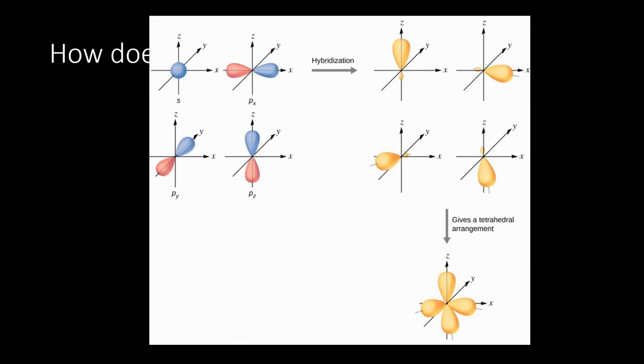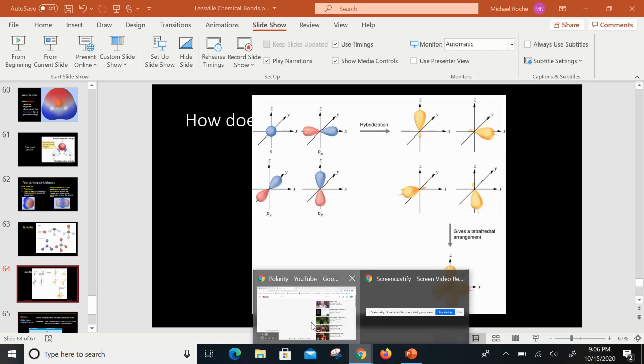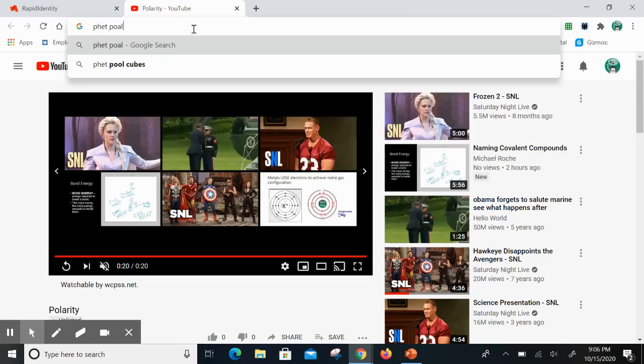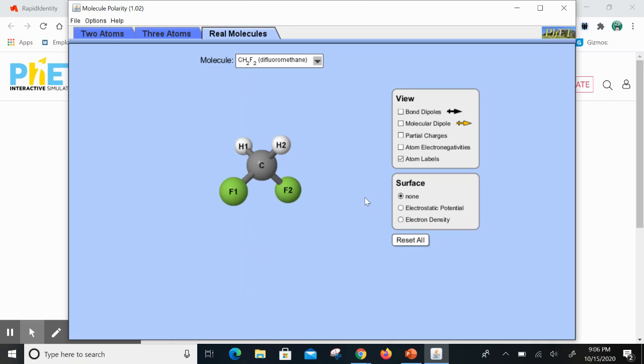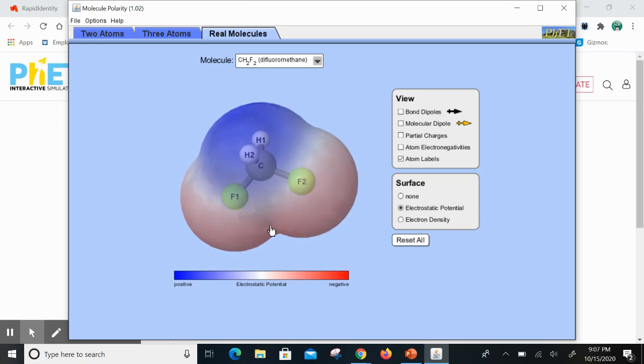That's what polarity is. If you want to look at that further, like I said, you can always just look up PhET polarity. So here's CH2F2, and if we put on the positive negative side, you see how we can line this up? There's a positive side and a negative side, so we can stack the Legos.